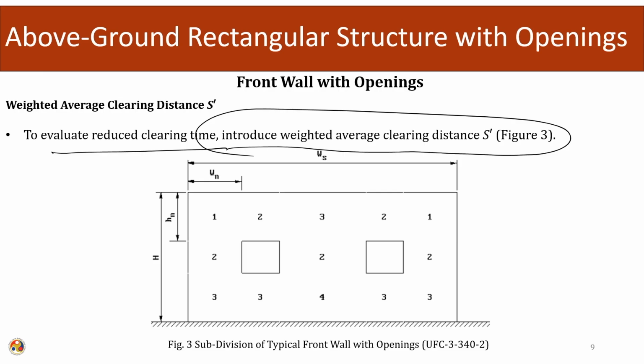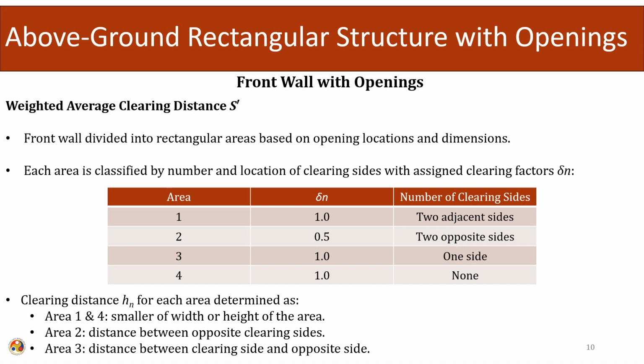The front wall is divided into rectangular areas based on opening locations and dimensions. Each area is classified by a number and the location of clearing sites, with an assigned clearing factor delta n. Let us say we are looking into area 1. For that delta n is 1, and it has 2 adjacent clearing sites.